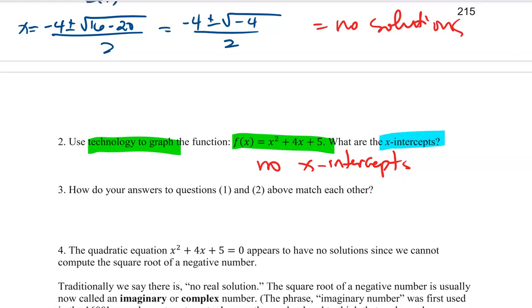And to answer number 3, how do your answers to questions 1 and 2 above match each other? And again, no solutions because there are no points on the x-axis, no x-intercepts.